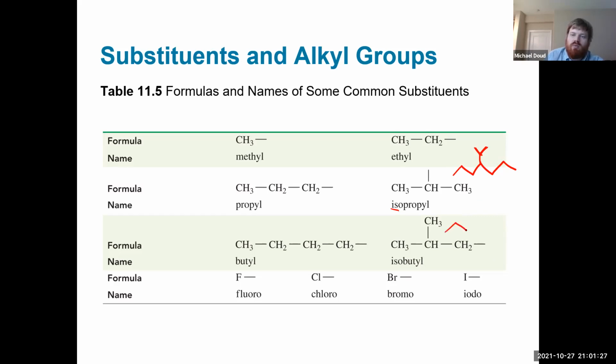Similarly, for an isobutyl group, let's go ahead and do a longer chain here. In the isobutyl group, you have four total carbons, but the way they're bonded is you have carbon 1 bonded to carbon 2, and then carbon 2 is bonded to two other carbon atoms. Fluoro, chloro, bromo, iodo, those are no problem. Those are just literally a fluorine atom, a chlorine atom, a bromine atom, or an iodine atom.